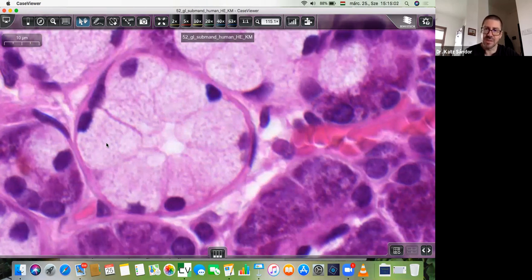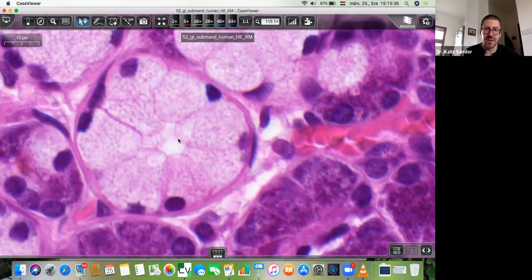So serous acini have zymogen granules, and mucous acini have mucigen granules. This is a typical aspect of a mucous acinus. Nuclei are flattened and pushed to the bottom. The cytoplasm is foamy, with a pale, pinkish appearance of the acinar cells.